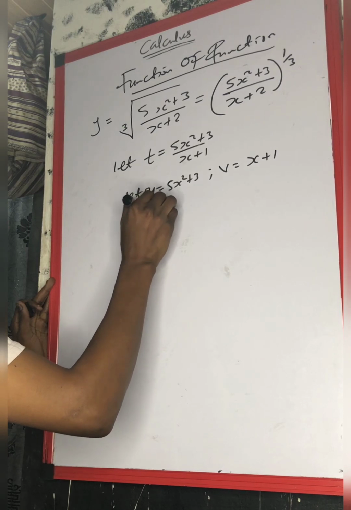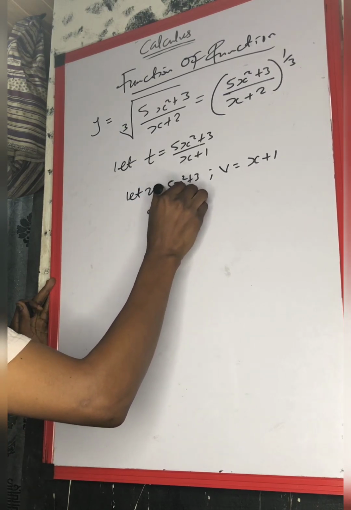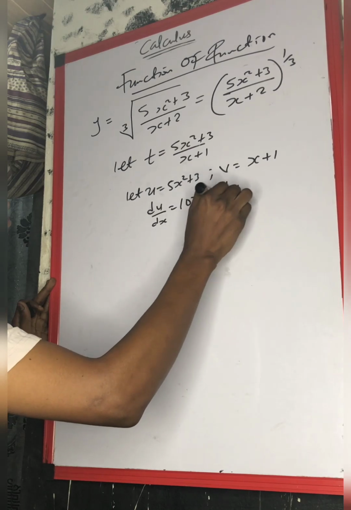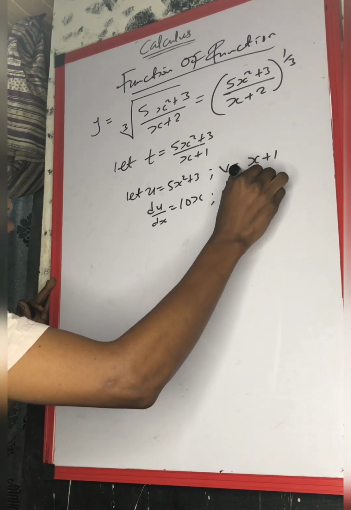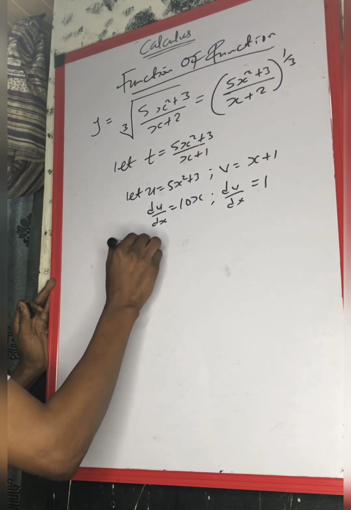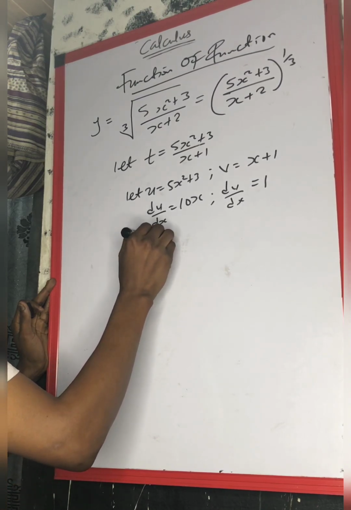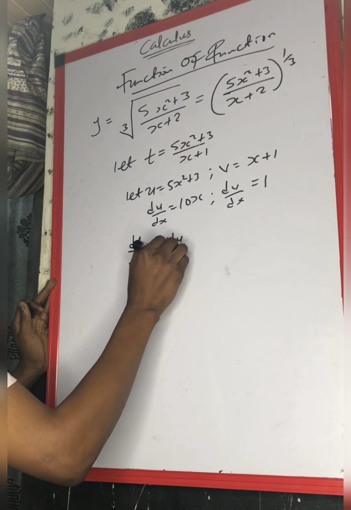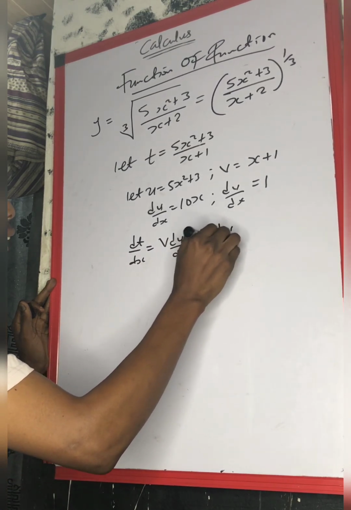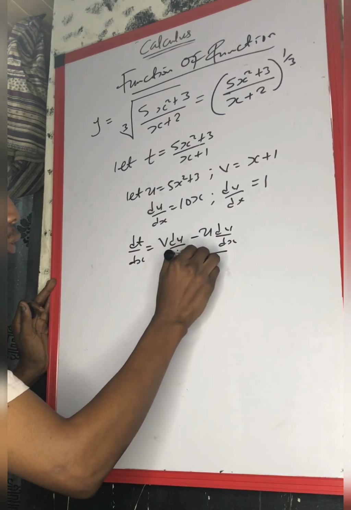So our du/ds becomes 10s. Our dv/ds becomes 1. To get dt/ds is v du/ds, then minus u dv/ds all over v squared.